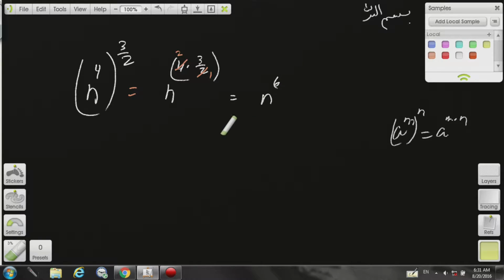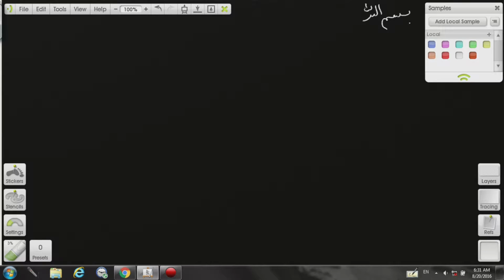Okay? Let's do this one. 27p to the 6th to the exponent of 5/3. Now we'll just simplify this. Well, this is going to be the third root.